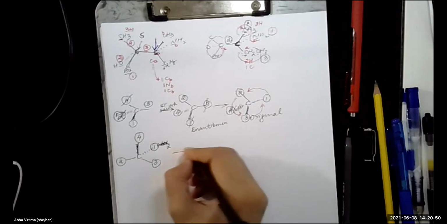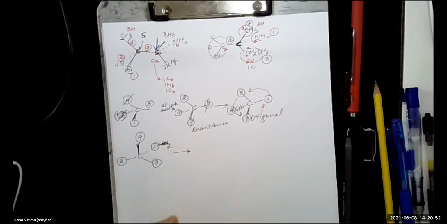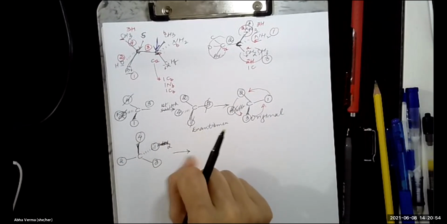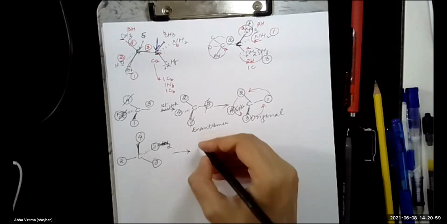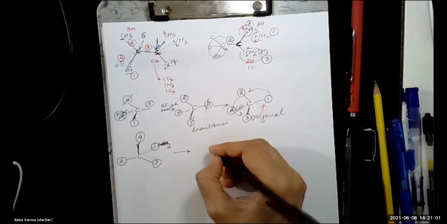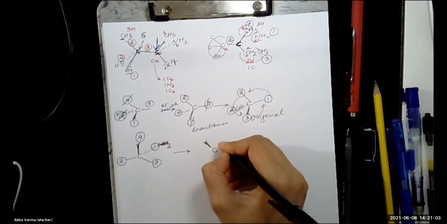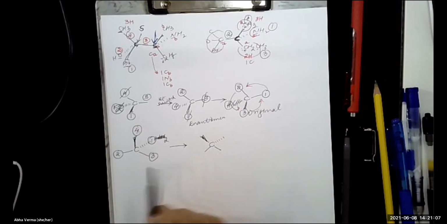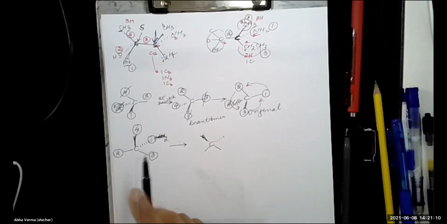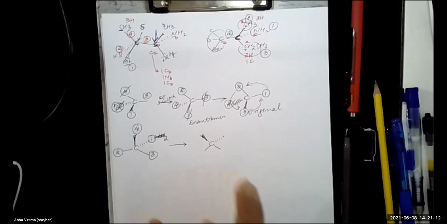So what is the next thing after I have assigned priorities? I have to make sure my number 4 is at the back. Is my number 4 at the back? It is not. And I'm going to draw these again. Now pay attention, I'm going to do a different thing that you have not seen yet.